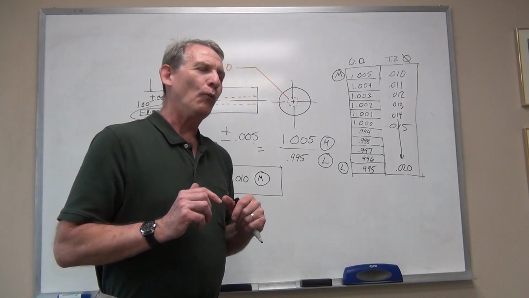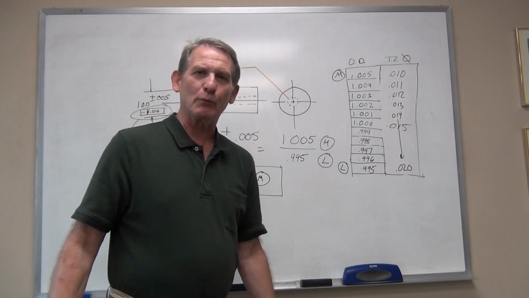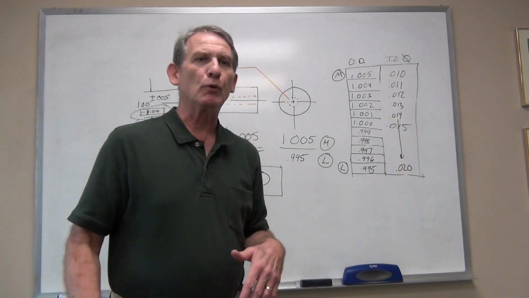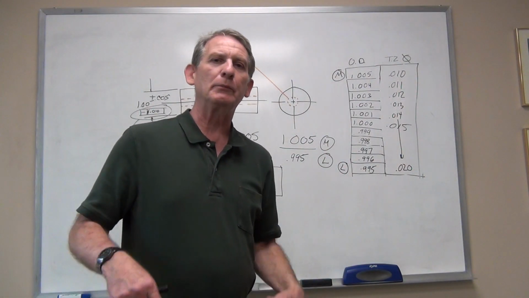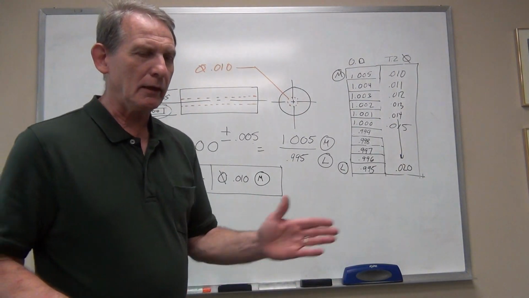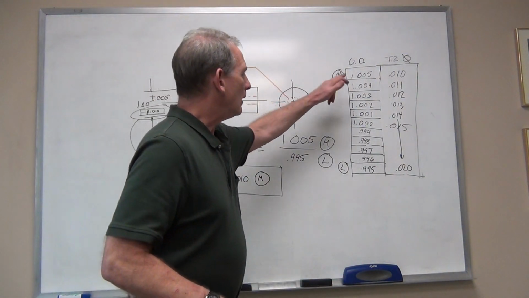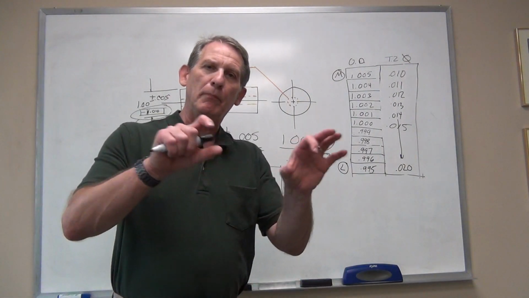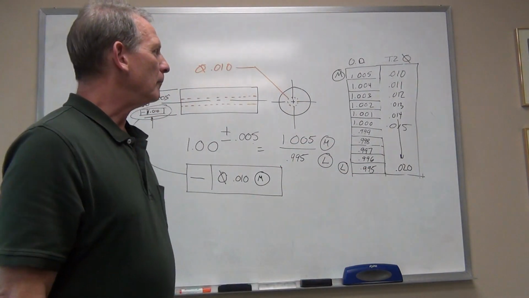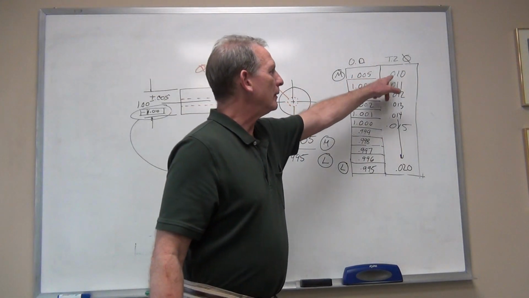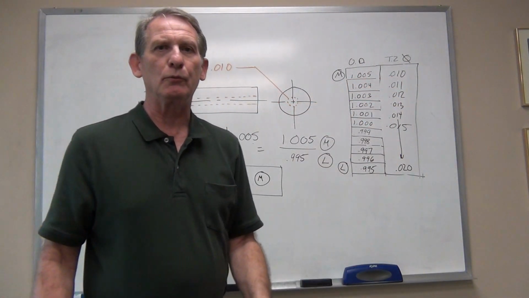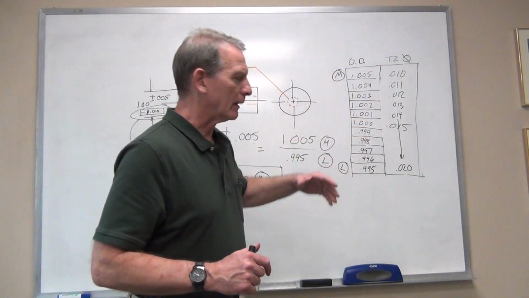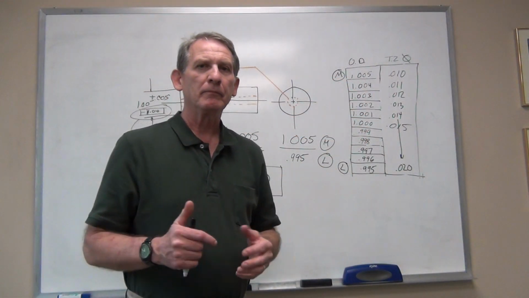Now, under what scenario would this ever be useful? Well, let's say you're making shafts for rollers, and those rollers are going to be heat treated. So you turn them right to 1 inch 5 thousandths, you heat treat them, they bend a little bit. They can only be bent within a 10 thousandths tolerance zone when they're that large. As they get smaller and smaller, they can get more and more bent.